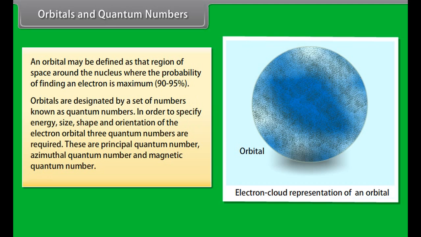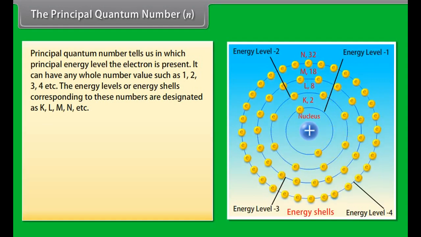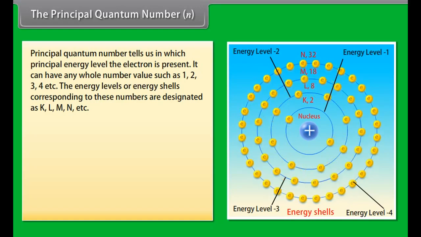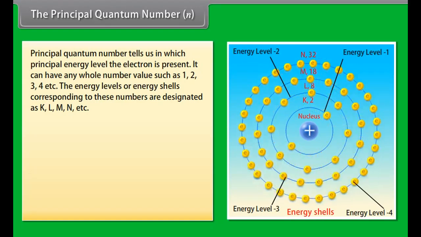These are the principal quantum number, azimuthal quantum number, and magnetic quantum number. The principal quantum number, n. The principal quantum number tells us in which principal energy level the electron is present. It can have any whole number values such as 1, 2, 3, 4, etc.